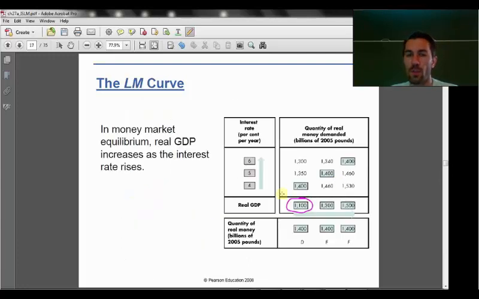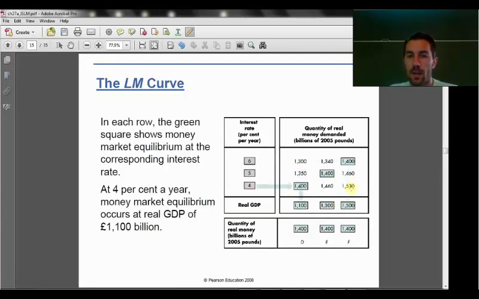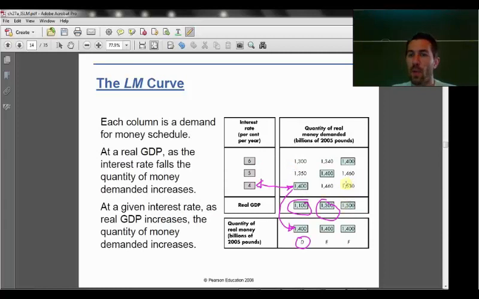So we can plot those 2 points in our table again. So we had 1,460, then 1,400, then some amount, 1,340, which is below. So where, again, when we have real GDP 1,300, does the quantity of money demanded equal the amount supplied? Well, it's at this point here, which is which interest rate? 5%, right?